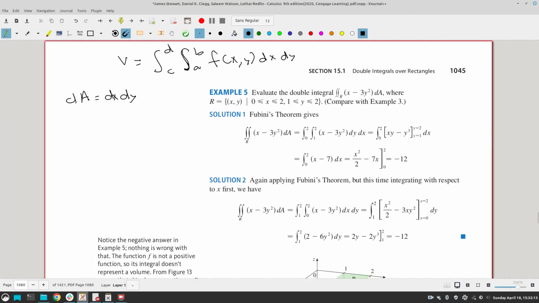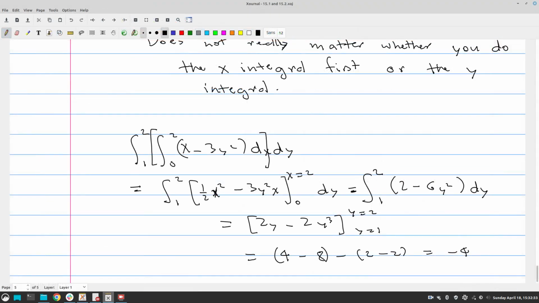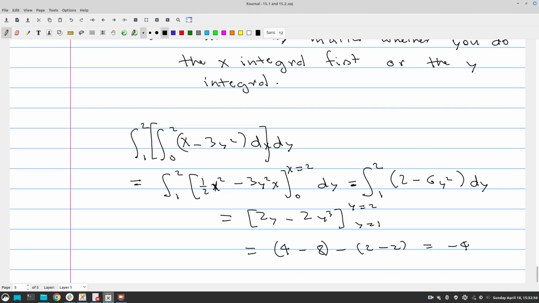How do you get minus 12? I think I made a mistake in the last step. Oh, sorry, this should be 8, this should be 16, minus 16. Alright, sorry about that. So this should be minus 12.